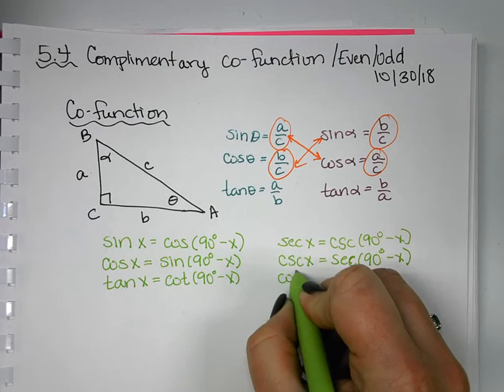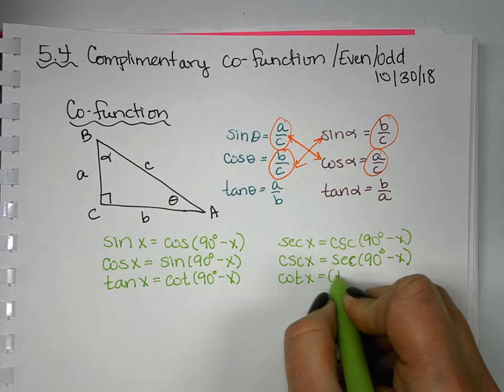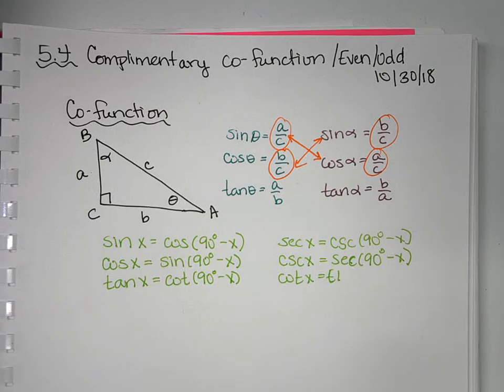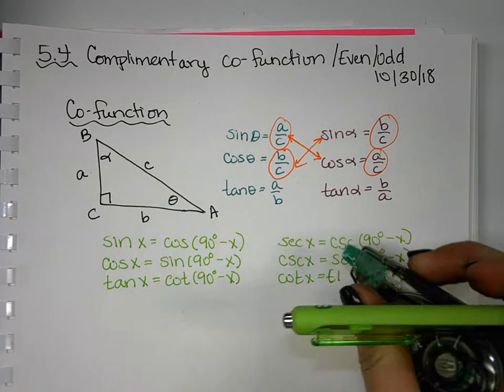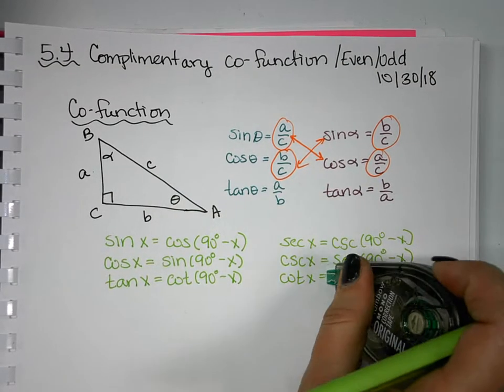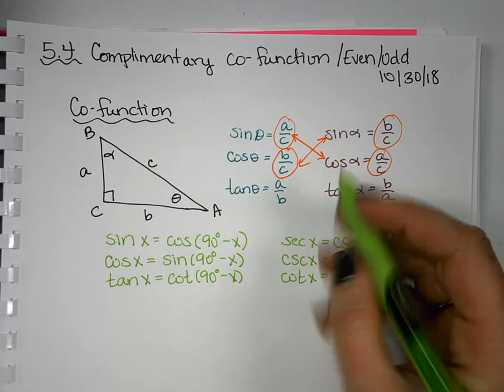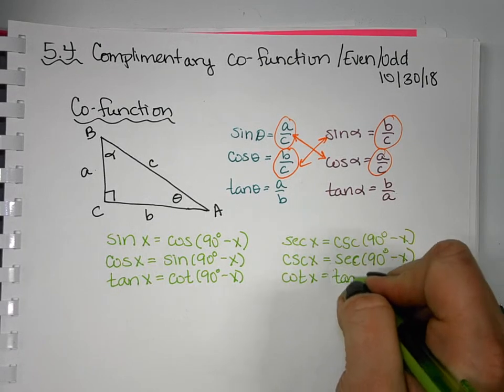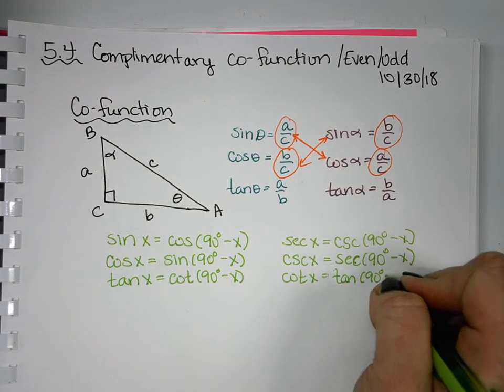And cotangent of x is equal to tangent of 90 degrees minus x.